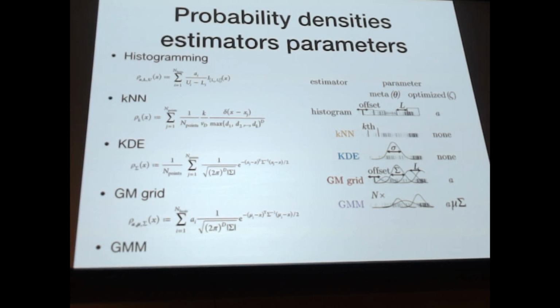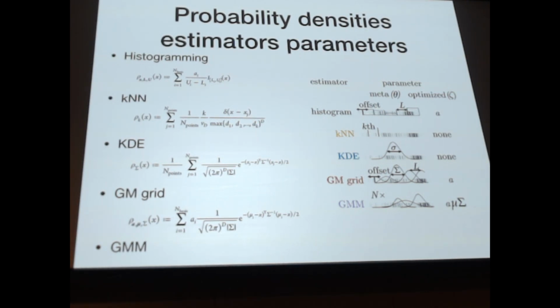If you look at these other functional forms, they basically have the same type of sum of basis set, except k-NN is actually a sum of delta functions. And there, the k in the k-nearest neighbor should be validated, because it is a spurious parameter, as is the case of the offset and the size of the bin in the case of histogramming.